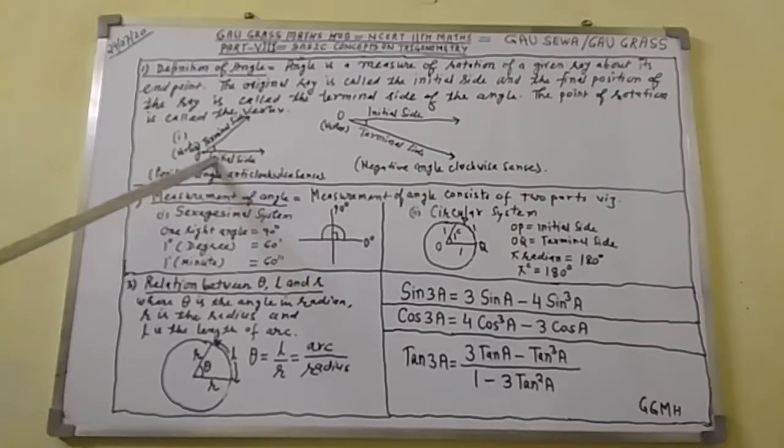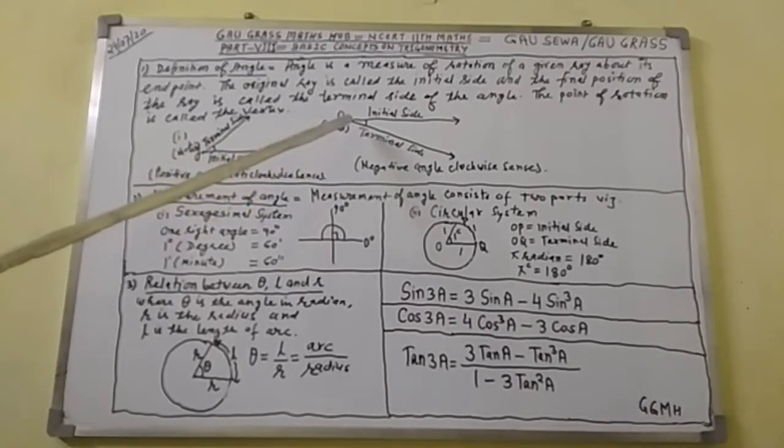This side is the initial side. From the initial side, if you move in the anti-clockwise direction, you will get the positive direction, and here you can see the terminal side. So this is the vertex, this is the terminal side, this is the initial side.